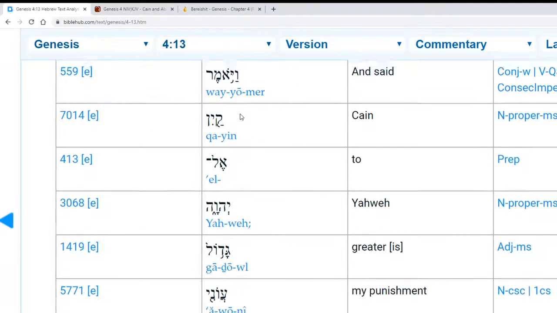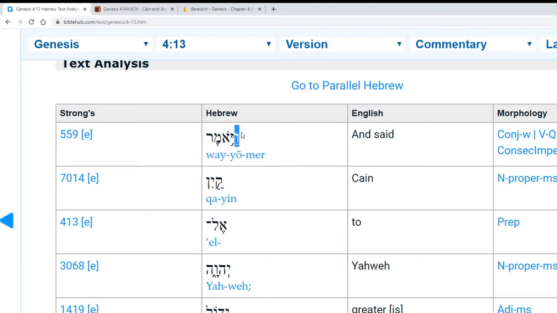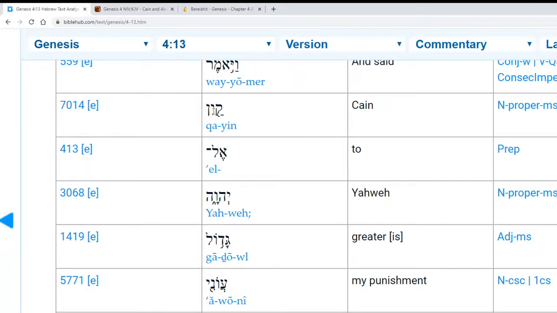Aha, so that's interesting. Conjunctive vav at the beginning, Yomar, we've had many times. Imperfect of to say. Cain, that is his name. El, preposition with the aleph. Havaya, the tetragrammaton.